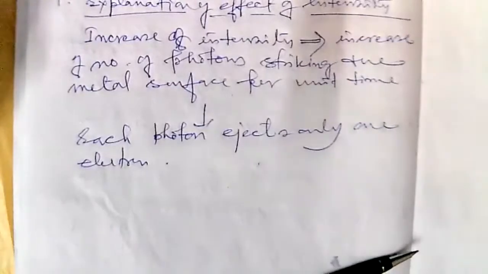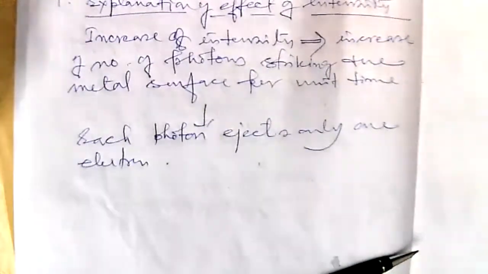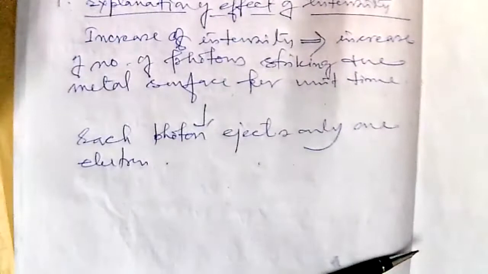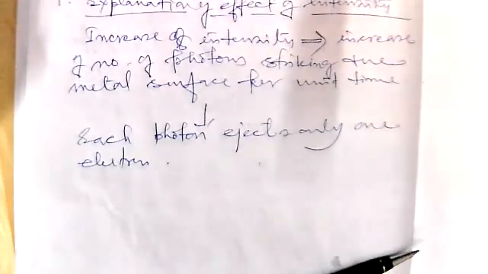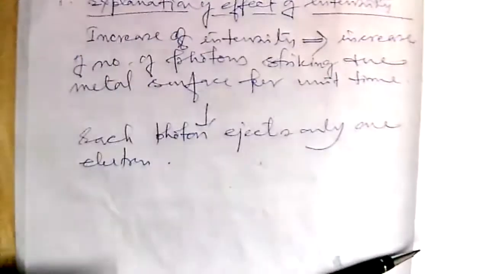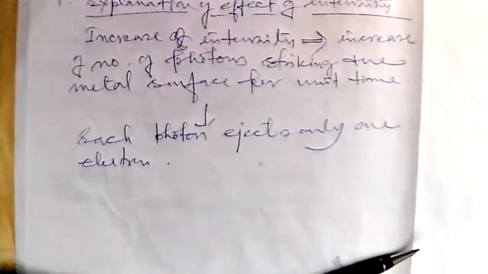It is not possible that an electron absorbs two photons and then goes to the higher energy level. No. If one single photon is sufficient to take it to a higher energy level, only then it will absorb it, otherwise not. Is it understandable? Yes, sir.